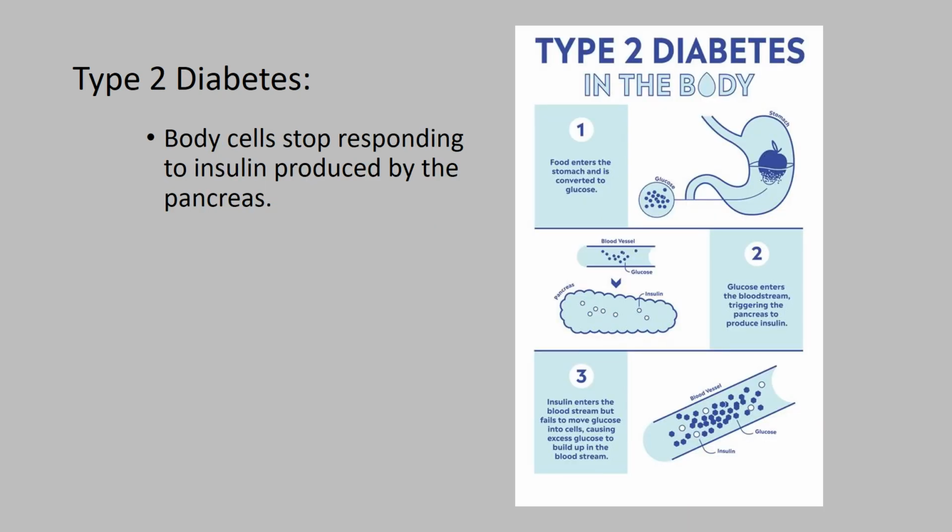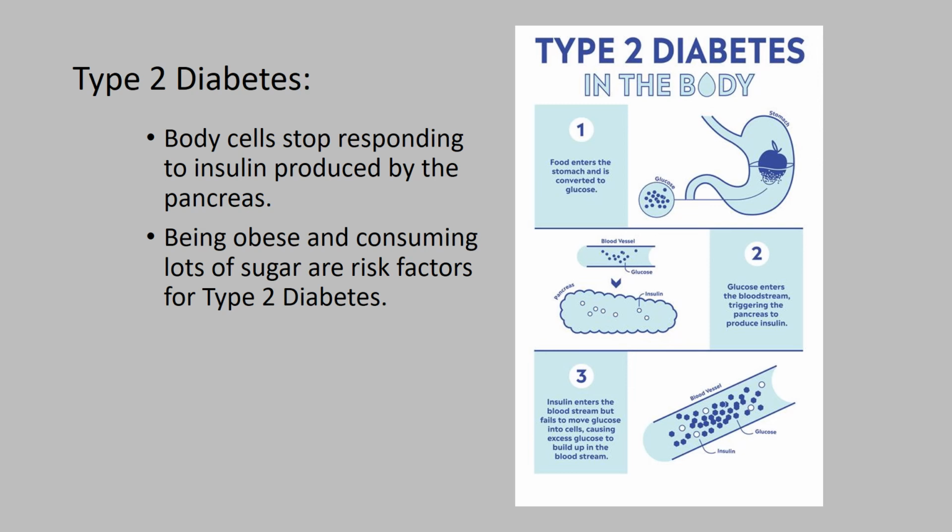Type 2 diabetes is about an acquired diabetes. So this is normally when you're obese or when you have far too much sugar in your diet. And what it means is that your body cells stop responding to insulin that's produced by the pancreas. So the pancreas is producing enough insulin, but your body cells stop responding to it.